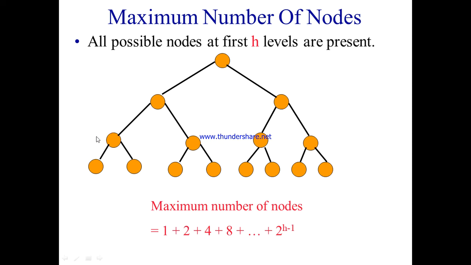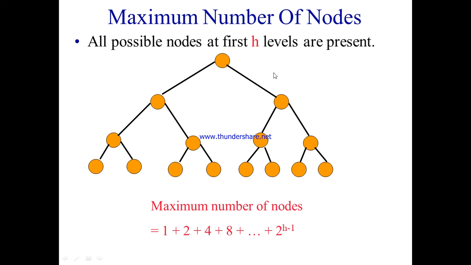Level 3 has 1, 2, 3, 4 nodes. Level 4 has 8 nodes. So I take 1 plus 2 plus 4 plus 8. How can I represent this? 1 is 2 power 0, 2 is 2 power 1, 4 is 2 power 2, 8 is 2 power 3. So at the 4th level I have 2 power 3.